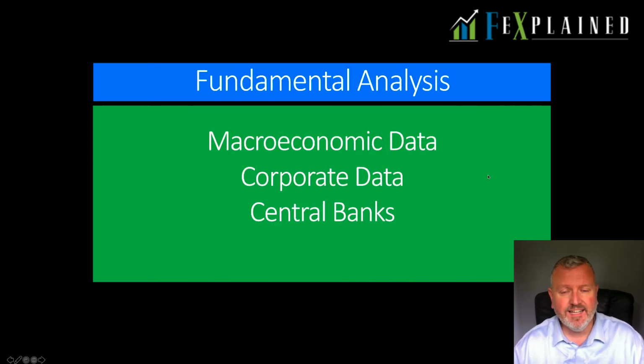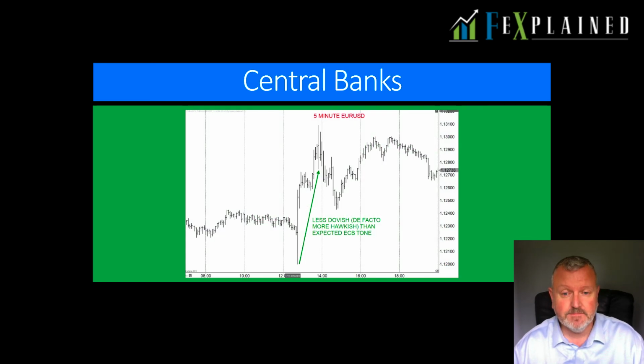We're now going to take a look at the influences potentially of central banks. Central bank meetings, central bank speakers, central bank minutes. So in here we're going to look at the ECB and the impact it had on the euro dollar. A less dovish tone in June in here from the ECB, so that's de facto a more hawkish tone.